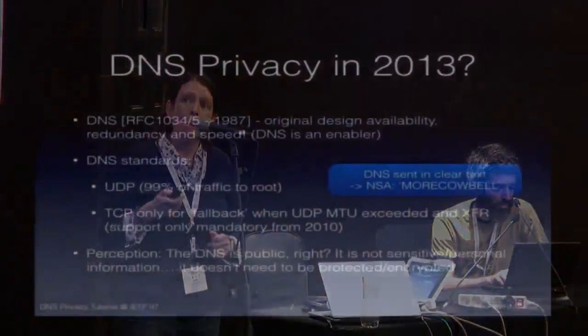And even last year, over 99% of the traffic going up to the root went over UDP, and importantly, this is clear text. So all your DNS queries are going clear text over the internet. This meant it was fair game for somebody like the NSA with their MORECOWBELL tool. It really wasn't a tricky job for them to monitor DNS traffic because of the way it moves over the internet. There was a very small amount of TCP around, but it was really only used for corner cases.